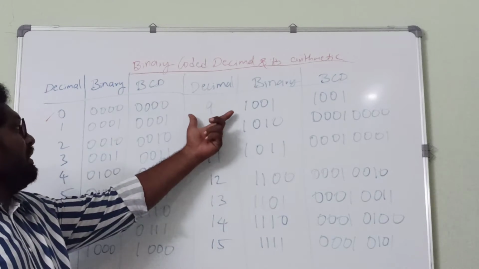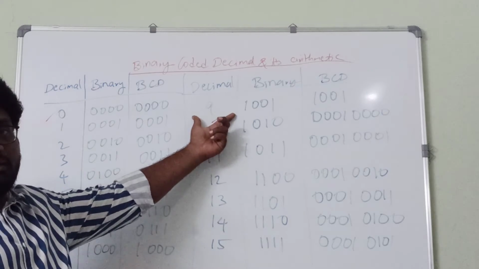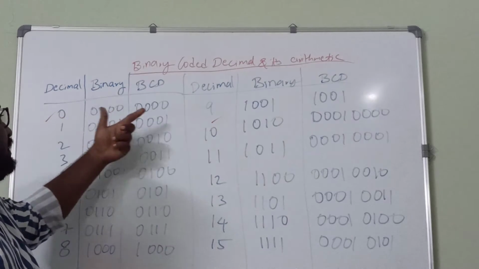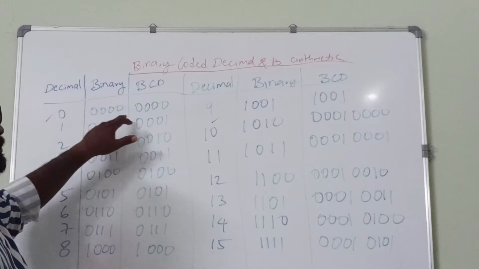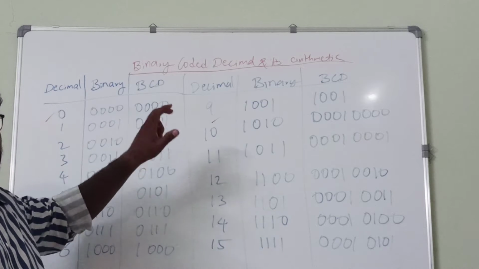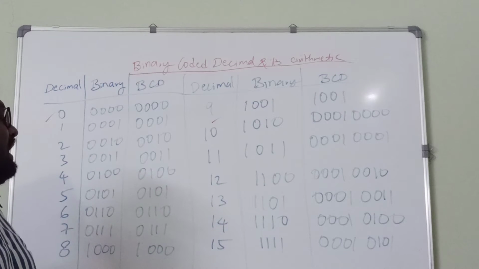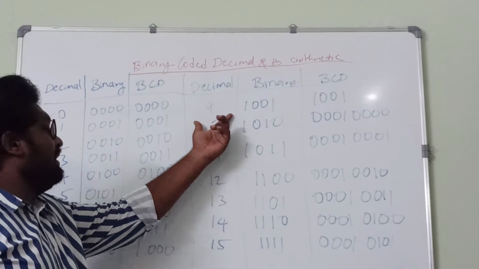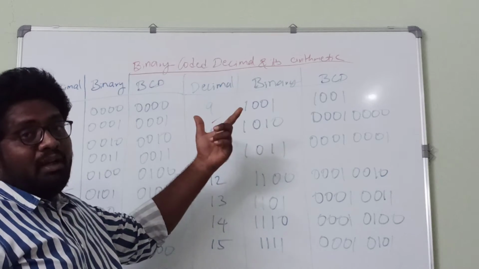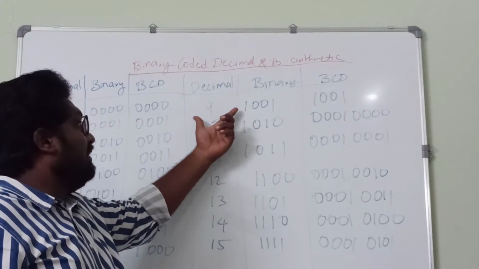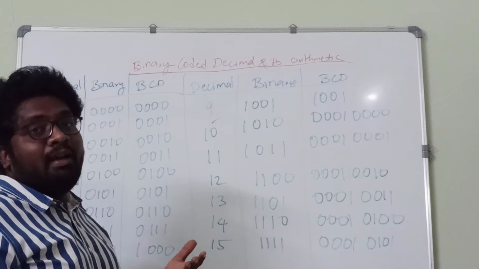But if we have a nibble greater than 9, then it becomes an invalid BCD.